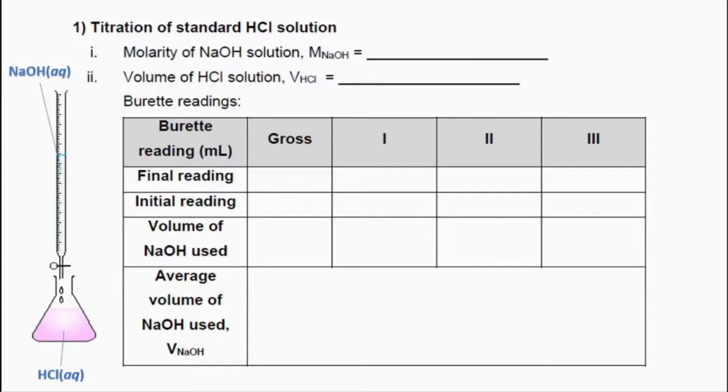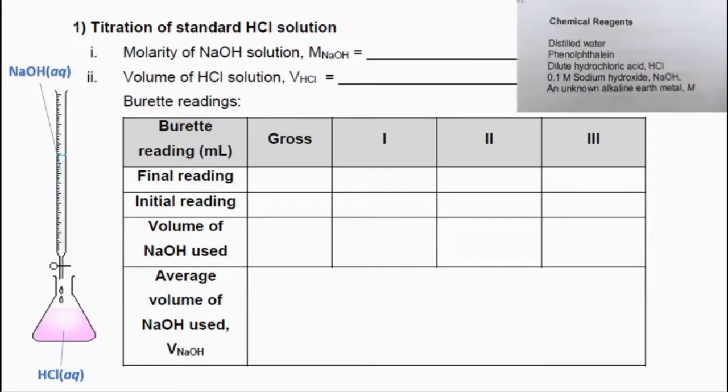Before that, I would like to highlight this. In your manual, the concentration of sodium hydroxide was stated as 0.1 molar, but what you were actually using in your experiment was 1 molar, and not 0.1 molar.